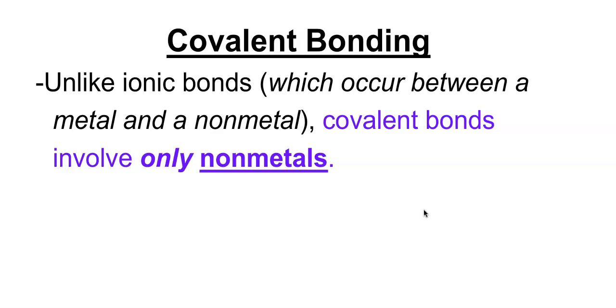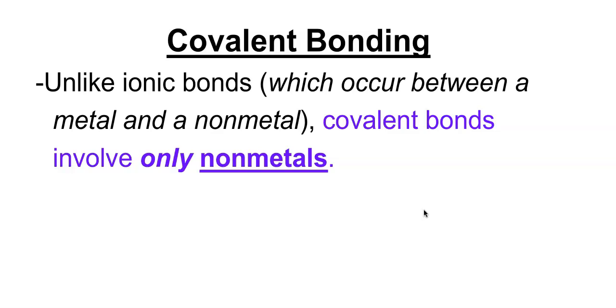So now we're going to begin talking about covalent bonding. Unlike ionic bonds, which occur between a metal and a nonmetal, covalent bonds involve only nonmetals. So there are none of the difficulties that we ran into with ionic bonding, because all of our problems came from what we say metals are messy, the needing Roman numerals or polyatomic ions.